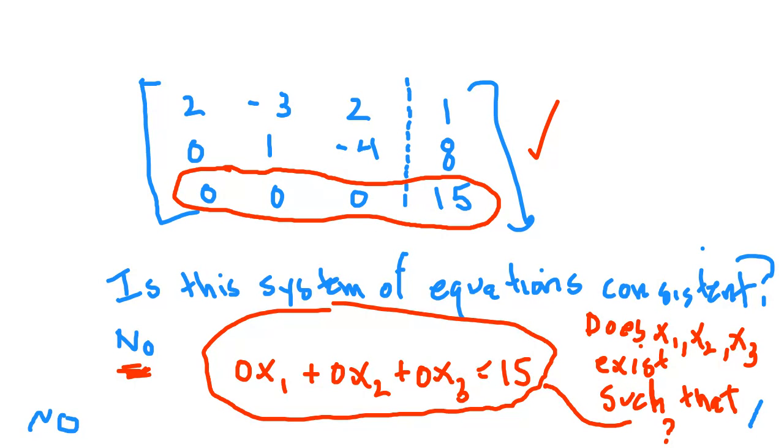And then they don't even do the backward phase. It's no value, because you don't have a solution. But let's now go back to that problem we were looking at.